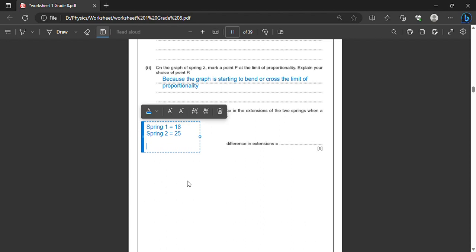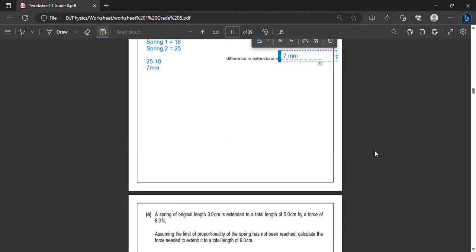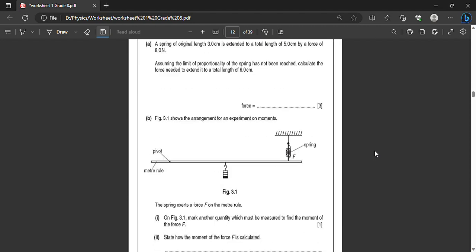To get the difference in extension, you subtract 25 minus 18, and the answer you get is 7 mm. After now I'm going to focus only on the parts with the working.